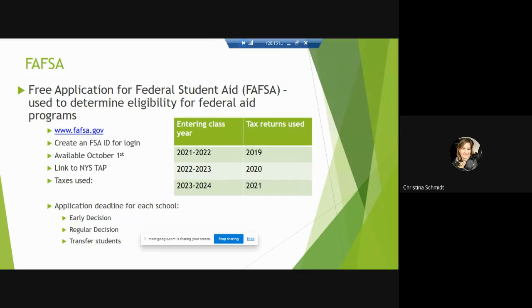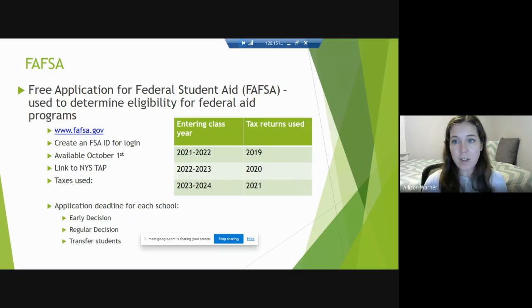The application that really needs no introduction is the FAFSA, also known as the Free Application for Federal Student Aid. By completing this application, you are seeing what you are eligible for in federal aid only. So merit scholarships or any institutional aid are determined by other applications.